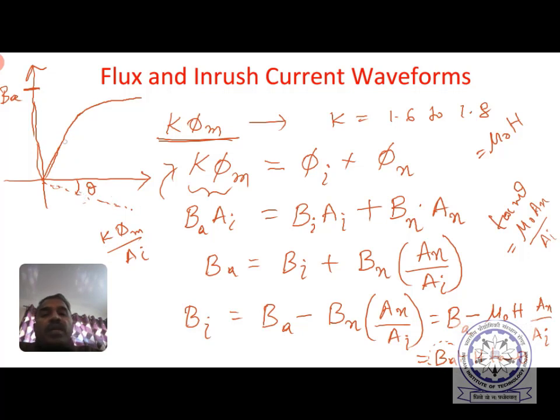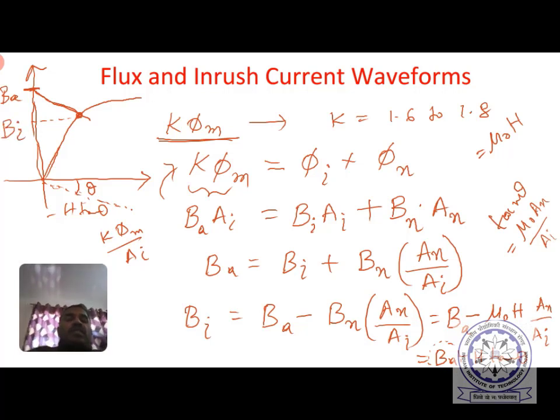A parallel line if you draw here, this will meet the BH characteristic at a particular value. This is actually the iron flux density in the iron.